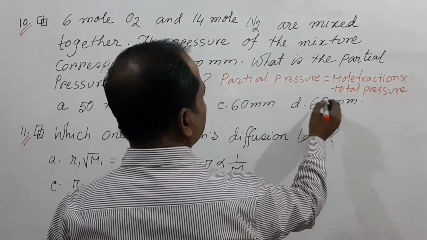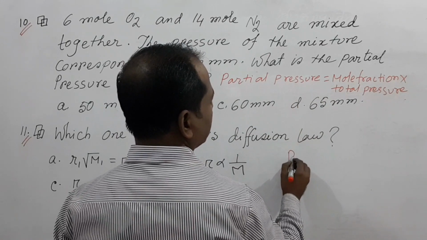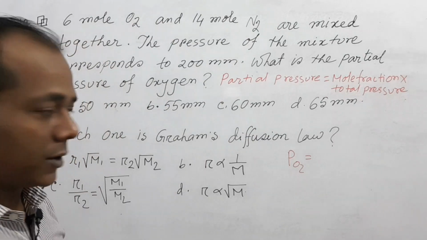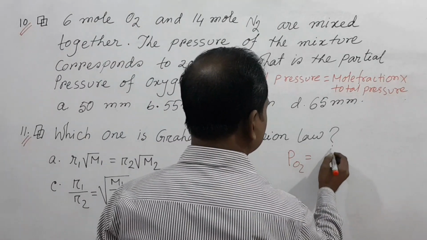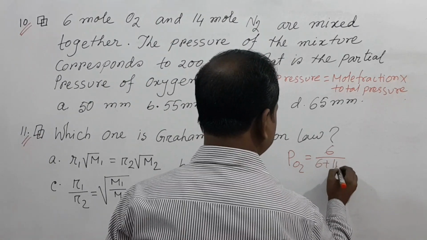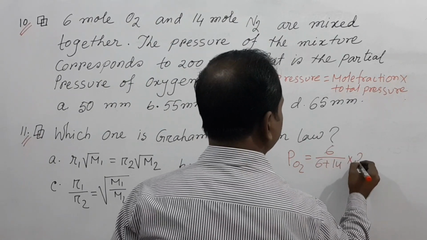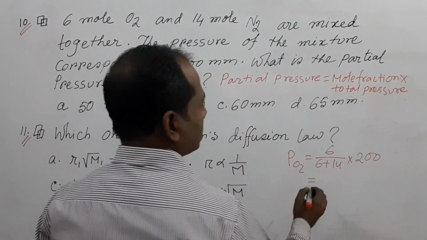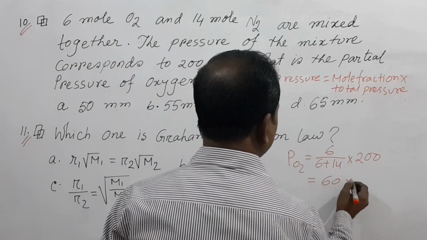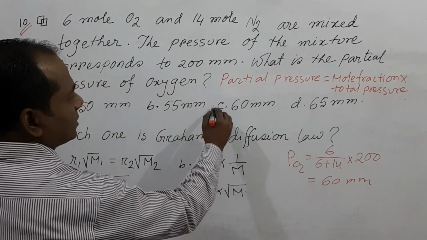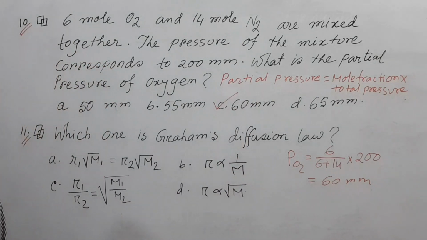So partial pressure of oxygen PO2 equal to mole fraction of oxygen, that is mole number of oxygen divided by total mole number, 6 plus 14, into total pressure, that is 200, equal to 60 millimeter, and answer is option C, 60 millimeter.